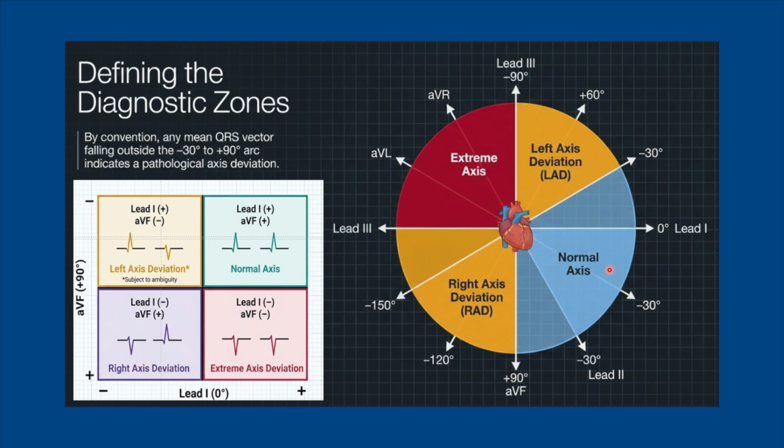If it is positive in lead 1 but negative in lead AVF, it could be left axis or could be normal, less than 30, less than minus 30. And in this case, you need to look at lead 2. If it is positive, it is normal axis. If negative, it will be left axis. And if lead 1 is negative and AVF is positive, it is right axis deviation.